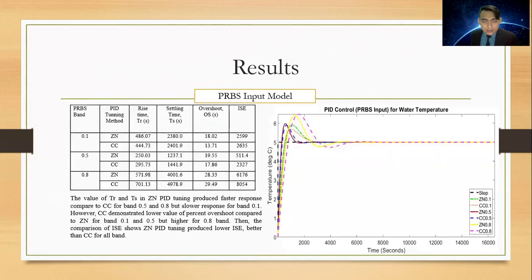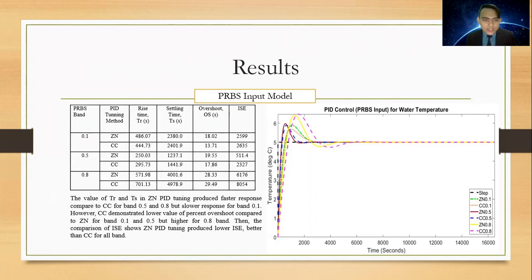The next one is the PRBS input model. For the output from the PRBS bands, the values of rise time (TR) and settling time (TS) in the Ziegler-Nichols PID tuning produce a faster response compared to Cohen-Coon for bands 0.5 and 0.8, but a slower response for band 0.1.